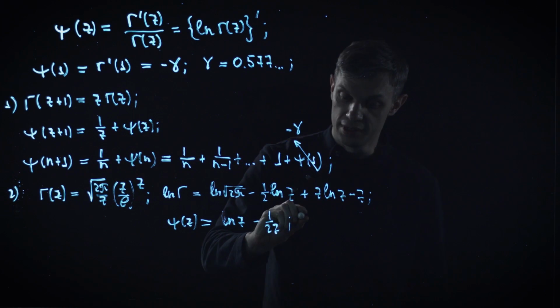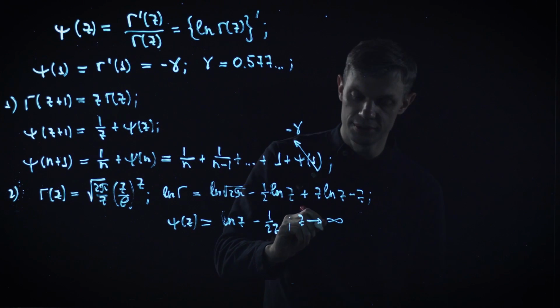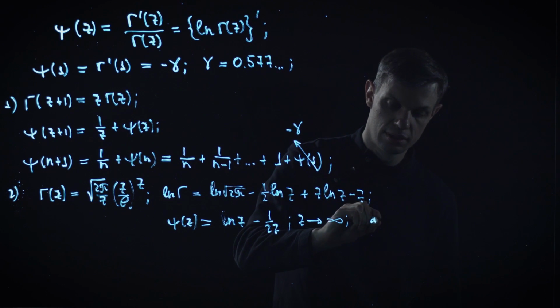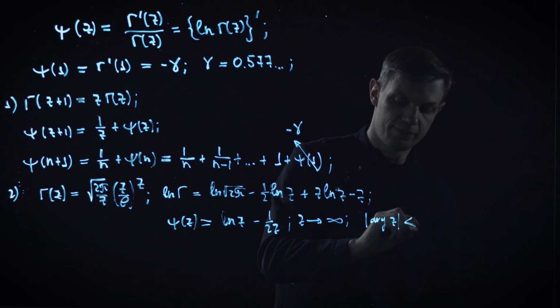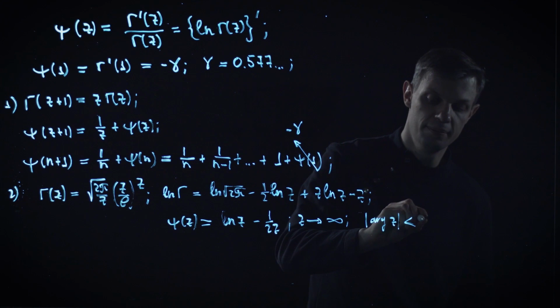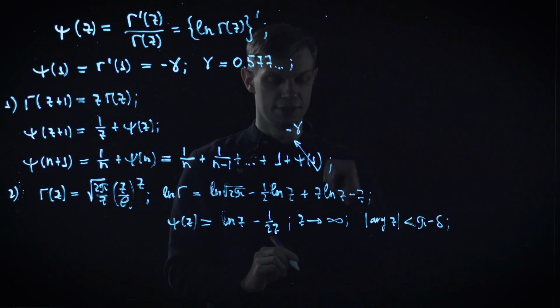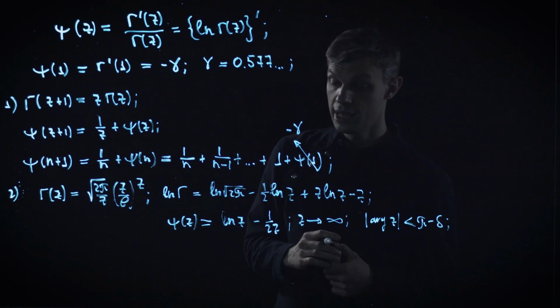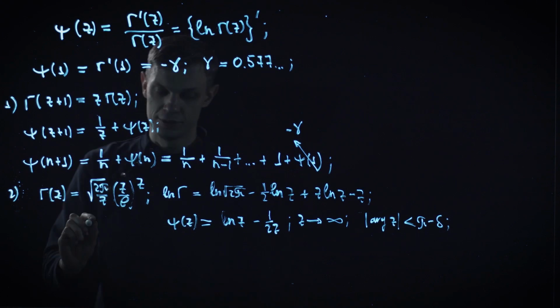Well, as z tends to infinity, of course, and as you remember, the argument of z should belong to the following segment. The modulus of the argument is less than pi minus delta, where delta is an arbitrary small number. Right. With this in mind, we can prove the following very useful identity.